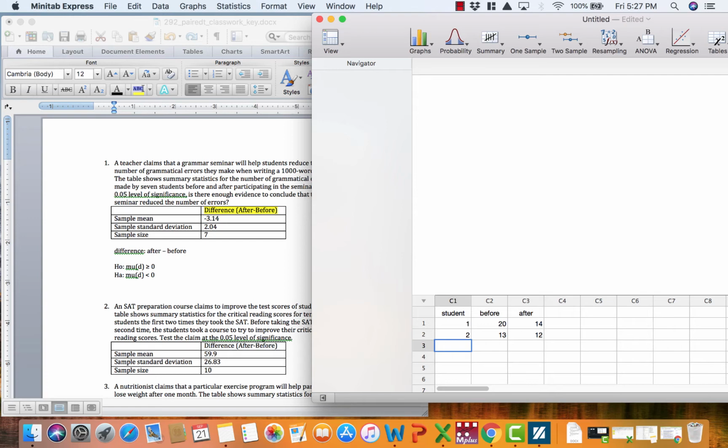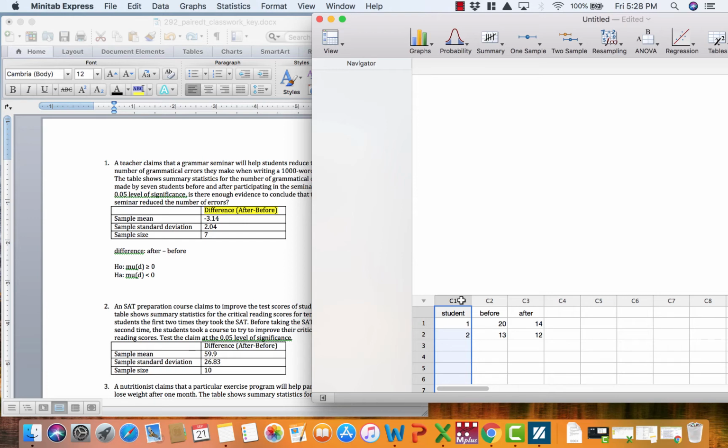Here's another clue that it is a paired t problem. If I give you a data file, I have to give you at least 3 columns. The data columns, or our samples, are the before and the after columns. But I have to give you a third column, just like you saw in the PowerPoint video, that links the 2 columns.